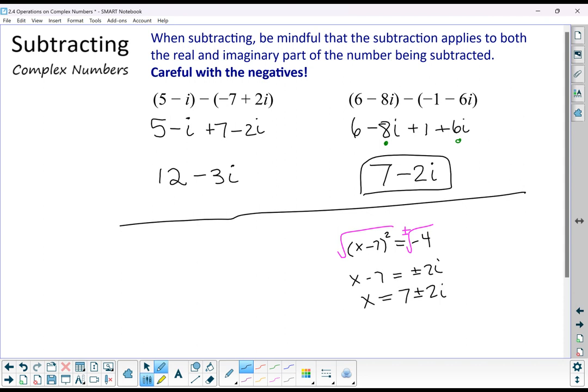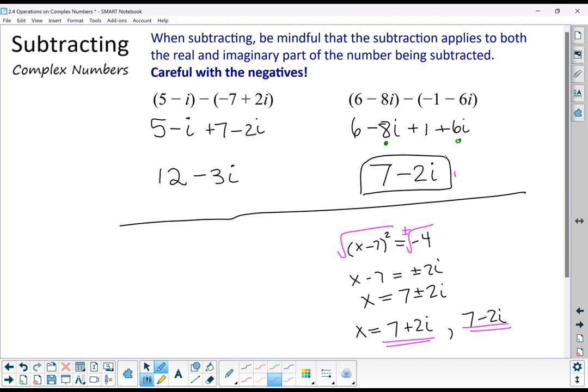So when we're solving an equation and we have 7 plus and minus 2i, it really means that the two complex numbers that are solutions are 7 plus 2i and 7 minus 2i. These are each individual complex numbers.